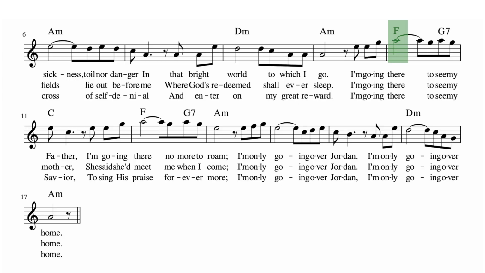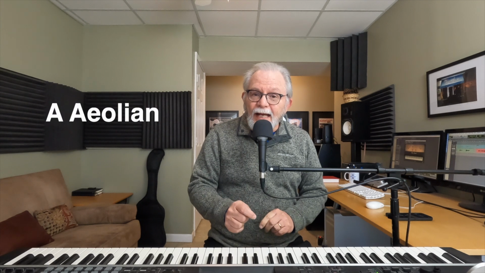Well, this is our first clue that we are now dealing with a mode. And then the G7 chord comes again, and it resolves to A minor. It's looking very much like we are in A Aeolian.